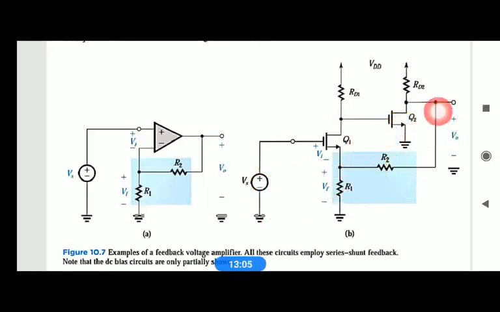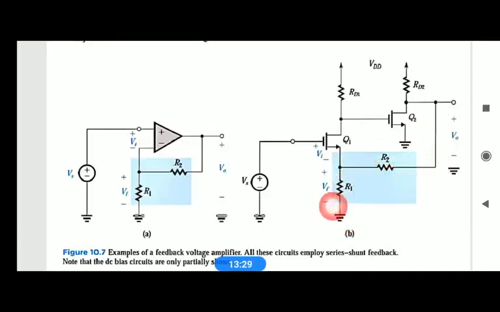The output voltage, which we are taking at the drain of Q2, is fed back to the input circuit through the network R2 and R1. So the voltage across R2 plus R1 is V naught.